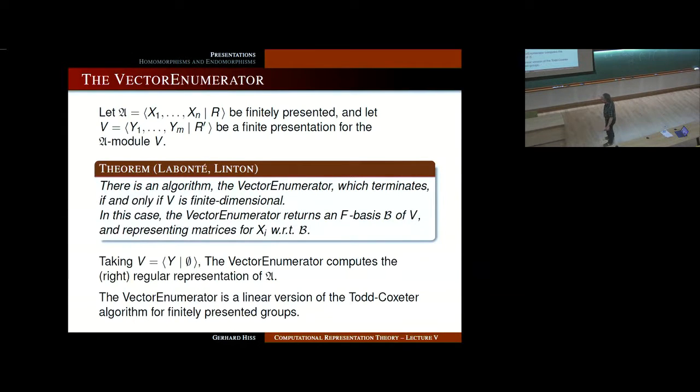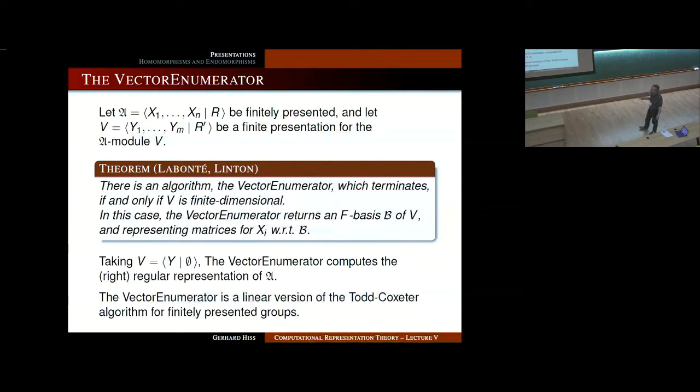And exactly as in the Todd-Coxeter algorithm, it takes as input a finitely presented group and a set of words in this group, which are supposed to generate a subgroup, and then it terminates if and only if this subgroup has finite index in this finitely presented group.